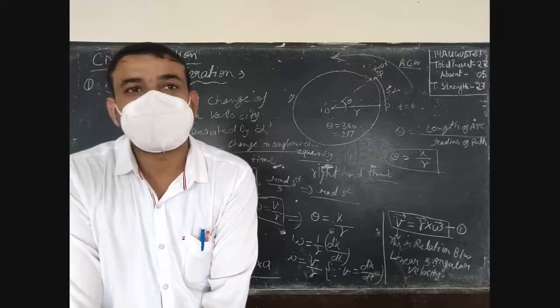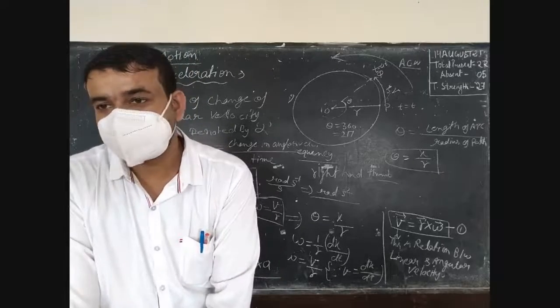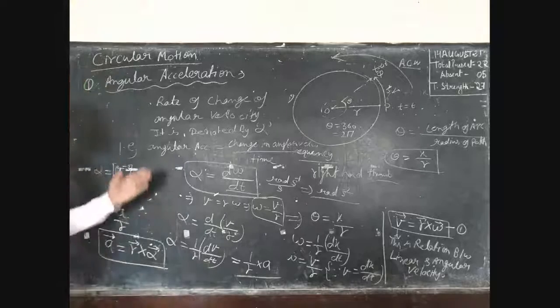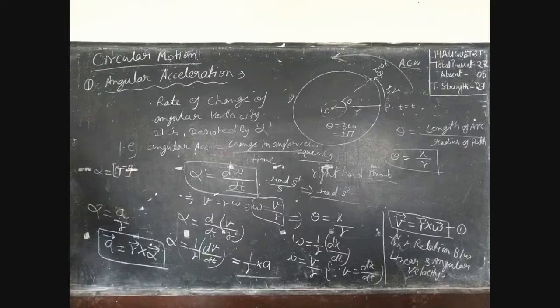So we have only time. You can say displacement has no dimension, velocity is T minus 1, which is equal to the frequency, and acceleration has T minus 2 as dimension. Clear?